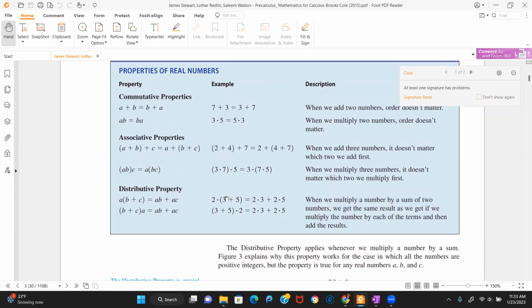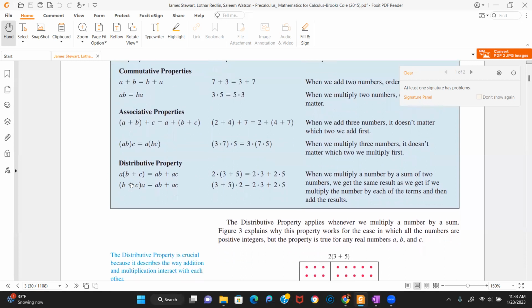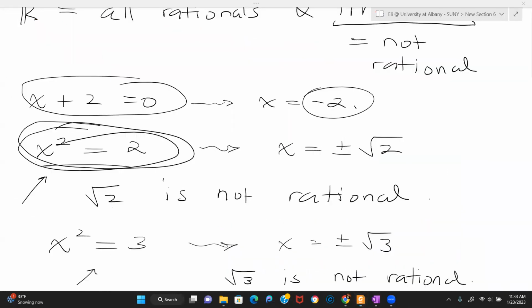So it's important to specify them because the set of real numbers isn't the only set with operations like these that satisfy these properties: commutativity, associativity, and the distributive property.